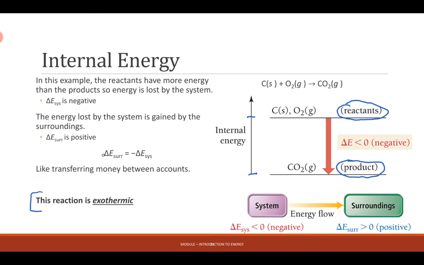So our surroundings are gaining energy, and our system is losing energy. You always have to think from the perspective of the system, what you're studying. So your system will have negative energy and your surroundings will have positive energy. The negative sign here indicates that the system is losing the energy.